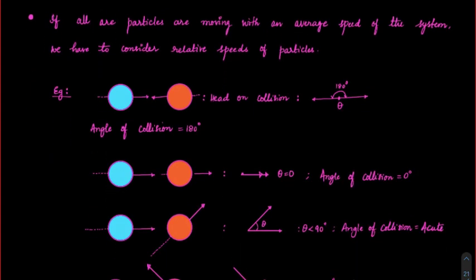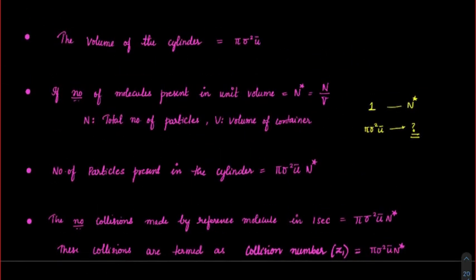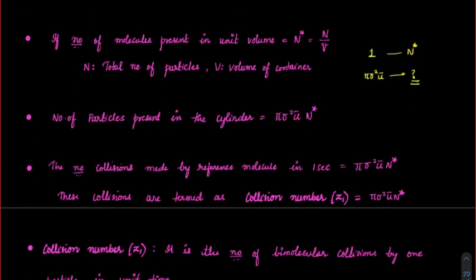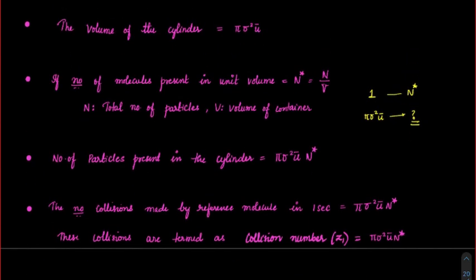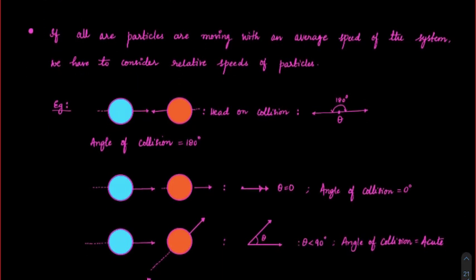Next, if all the particles are moving with an average speed of the system. Earlier, when we were deriving this, we took one important assumption that the rest of all the particles are not moving except the reference particle. Now I am slightly improvising on that. If all the particles are moving with an average speed u bar, then what are the possible types of collisions?